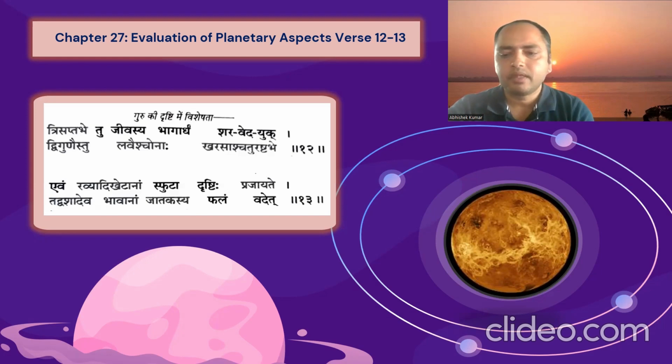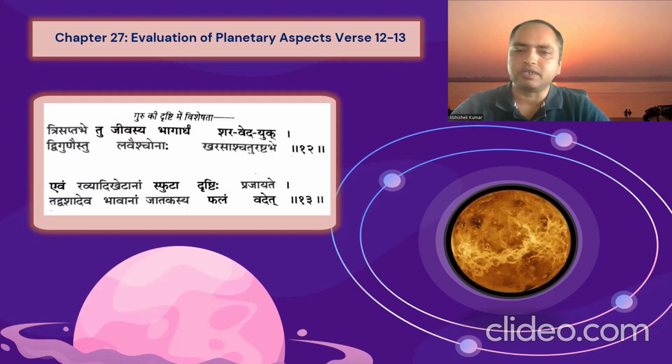This is the revelation of the Parashara technique to find the aspectual value in the case of Jupiter, according to Mahaguru Parashara himself.